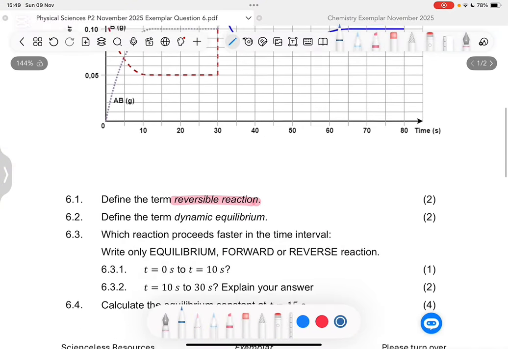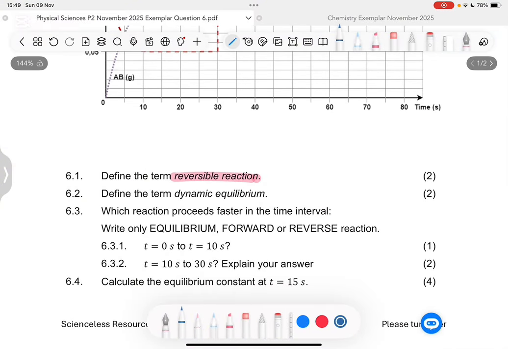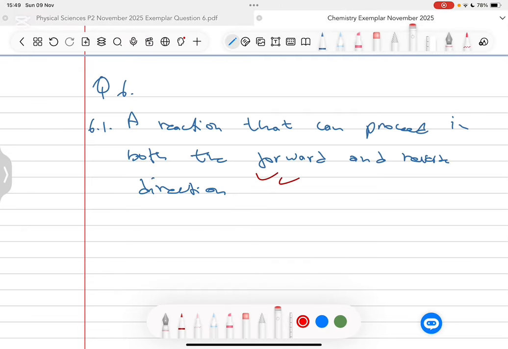Now, the next question then, 6.2, says define the term dynamic equilibrium. Again, we spoke about dynamic equilibrium when we did our interpretation. It also makes sense to get this type of question here. These are the things that you see in the question.